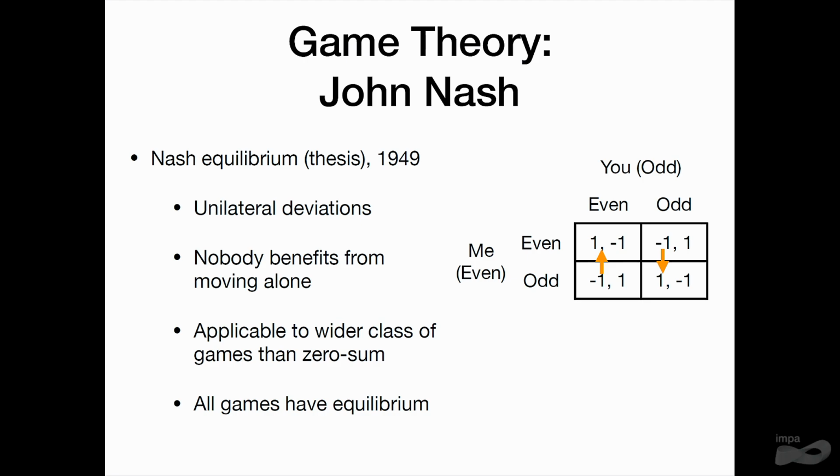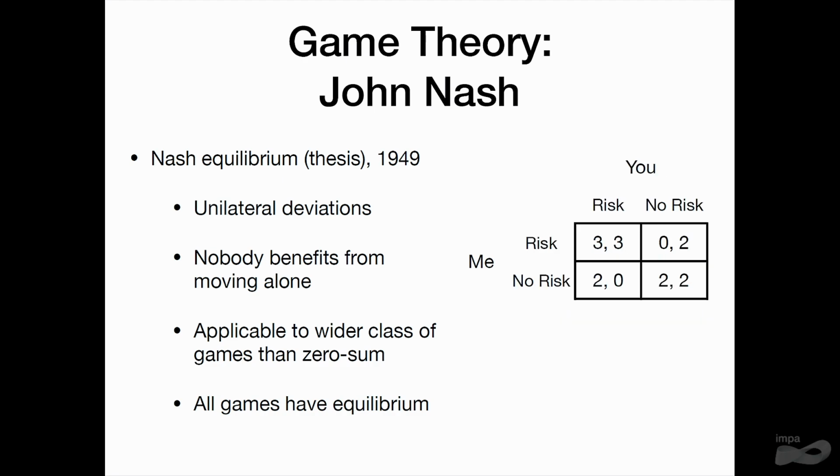From there, I would move down to here. You would move from here to there, and you would move from the -1 to the +1. So we see that this game has no pure strategy equilibrium. There's no place where neither of us would move from. But this game does have an equilibrium, and that's in mixed strategies, which is when we make our decisions probabilistically. That's the essence of it.